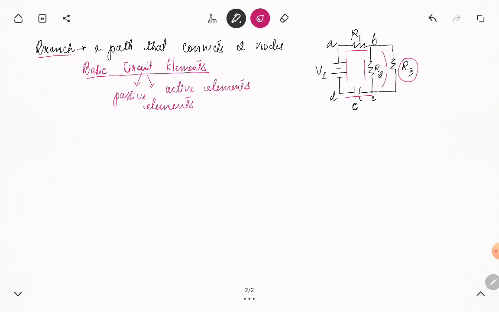So a circuit is mainly classified into two types, active elements and passive elements.